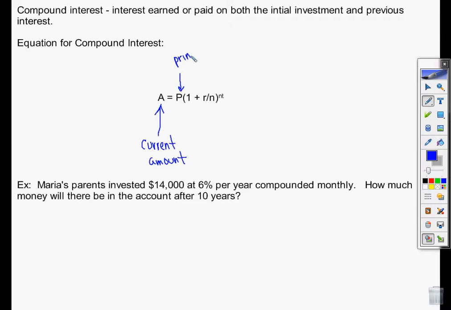P is the principal, or the initial amount. Like, that's how much you deposited into the account. Or if you're talking about a loan, that's how much you borrowed. R is the annual interest rate.